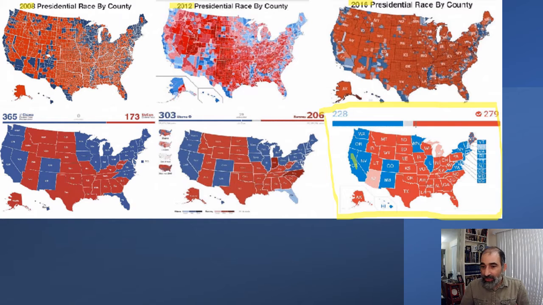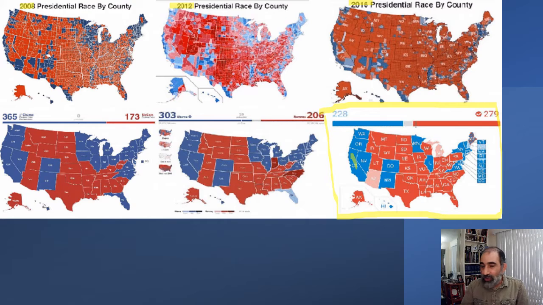And some of these other states that Trump won, Ohio, Pennsylvania, some of these other states you see in red, North Carolina, he won those states, but not by millions and millions of votes, maybe tens of thousands of votes, right? So that's where you start to get the discrepancy. And he gets all the Electoral College votes in those states, even though he barely won them.